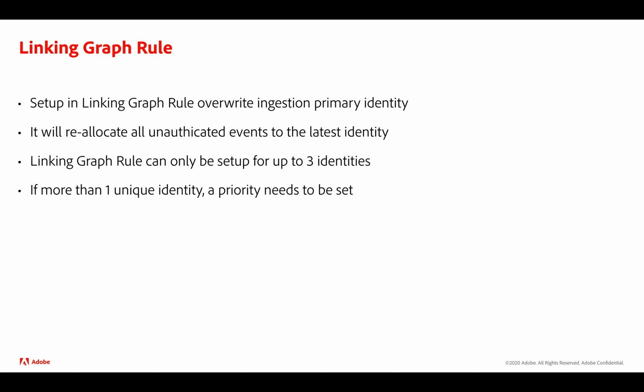If there is more than one unique identity, the priority needs to be set, and this is going to overwrite, as I was explaining at the beginning, any of the setup you have in the profile data ingestion.